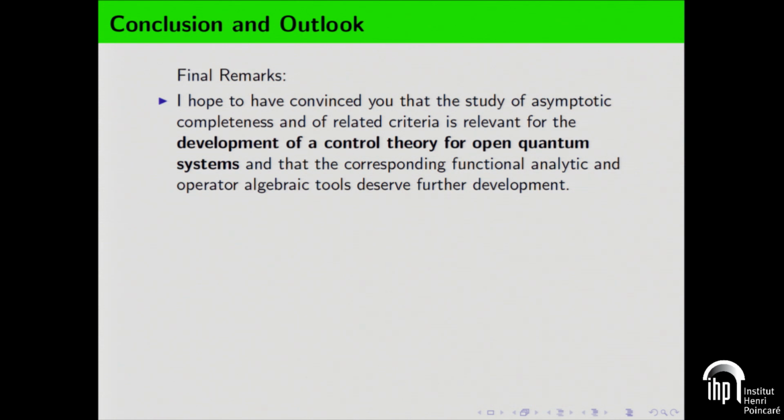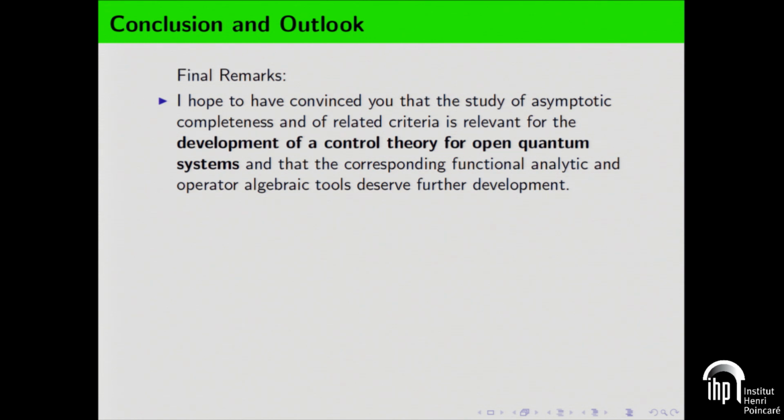I hope to have convinced you that the study of asymptotic completeness and of related criteria is relevant for the development of a control theory for open quantum systems, if you accept that this idea of preparability of states in the open system is a good way to formalize controllability for such a system.